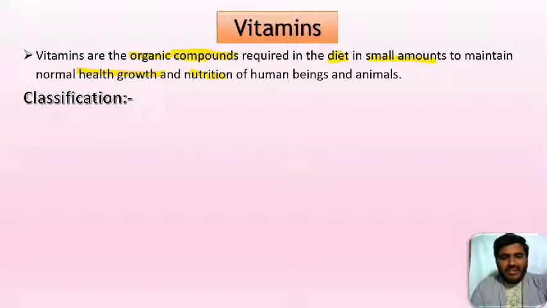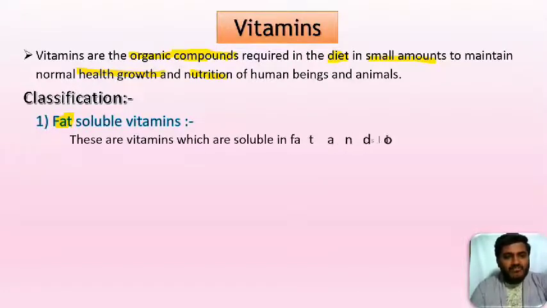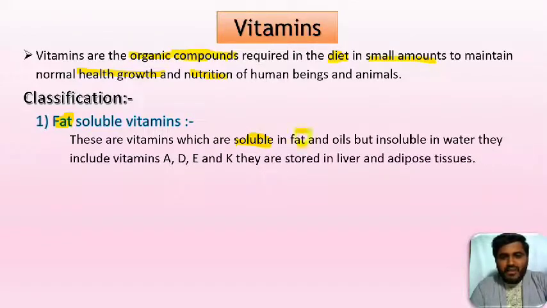Now we will study the classification of vitamins. Vitamins are mainly classified into two categories. First one, fat soluble vitamins. The name itself indicates it: the vitamins which are soluble in fat or oil but insoluble in water are called fat soluble vitamins.